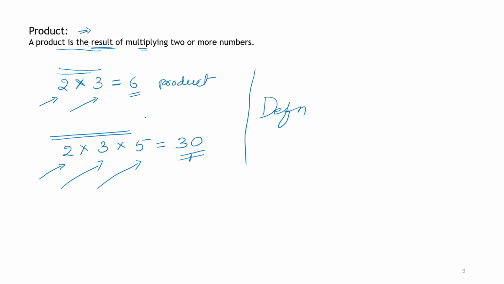So here let us try to understand one more thing. It is just an introduction of factors. 2 multiplied by 4 gives you 8. Here 8 is the product. So I am going to call this a given number.